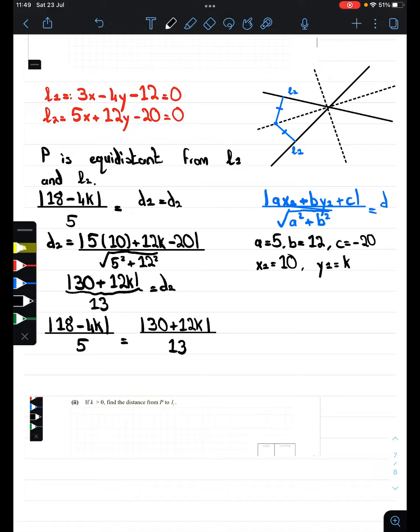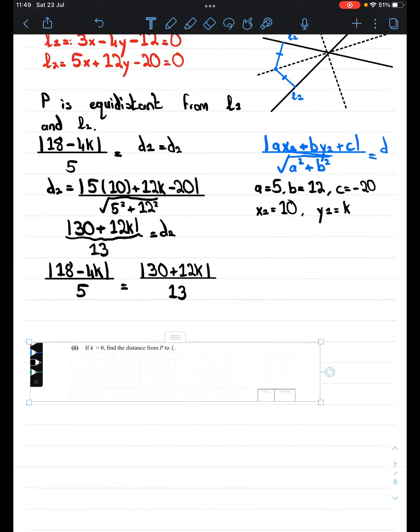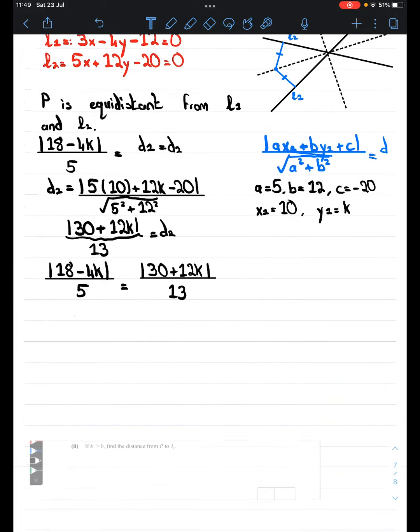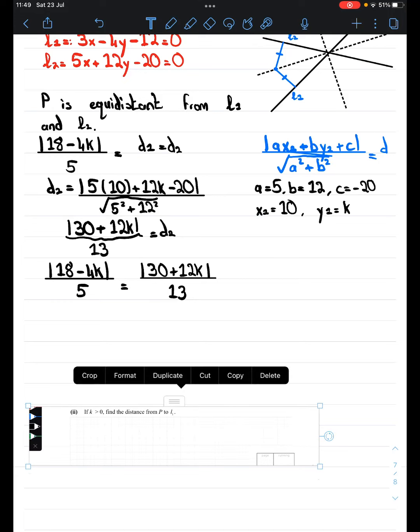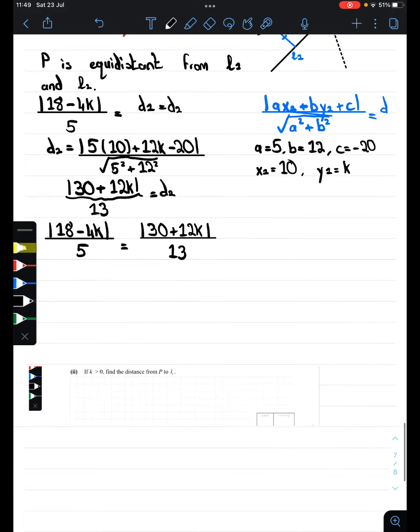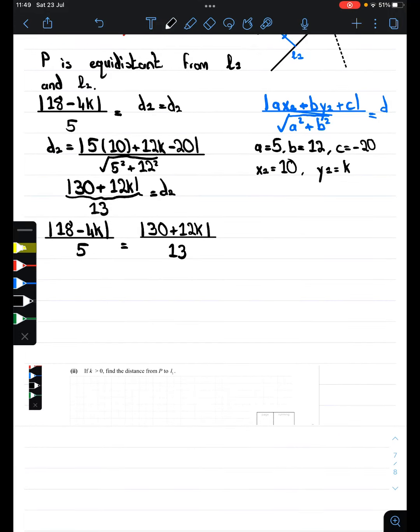And then if we just multiply these cross by cross, we actually need more space. This is quite a long question. So 13 by 18 minus 4k equals 5 by 30 plus 12k.